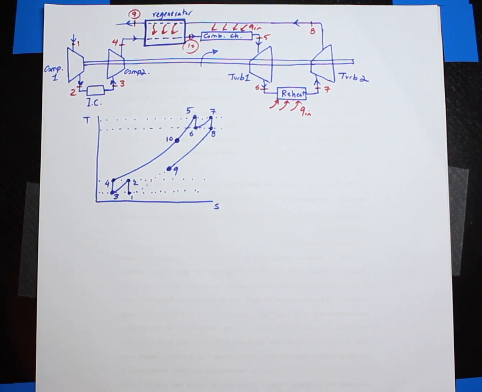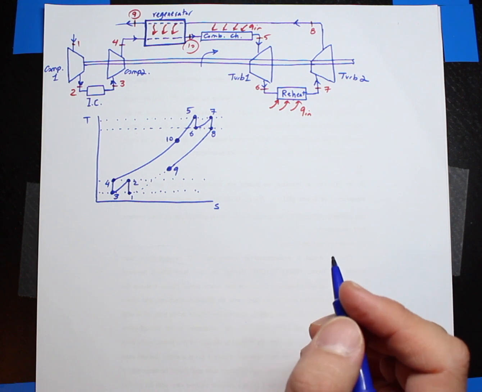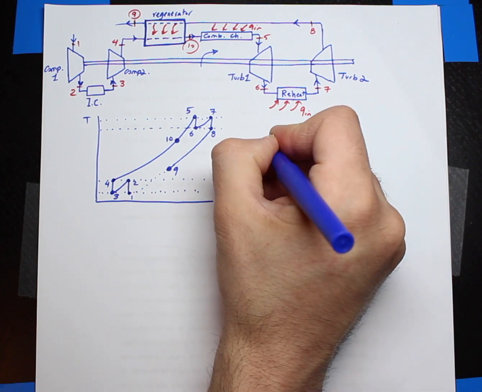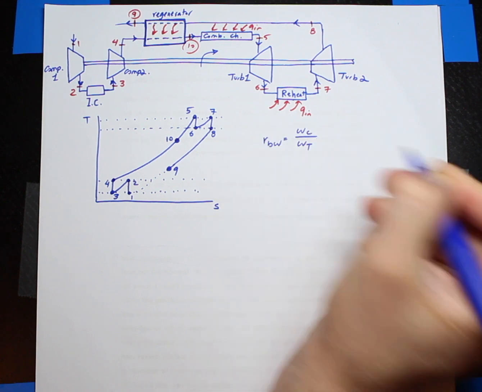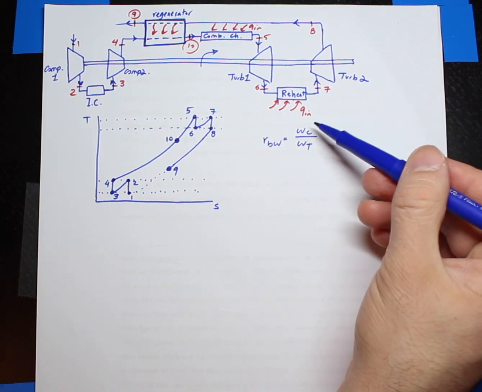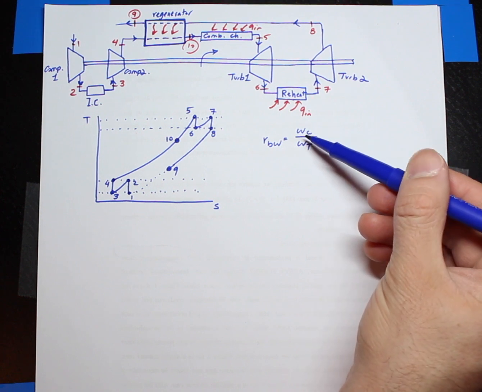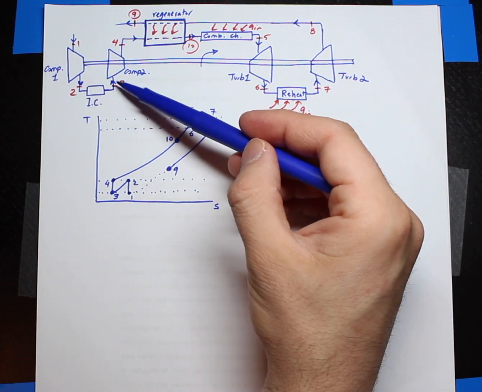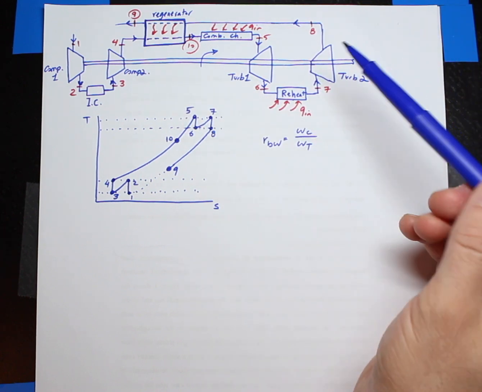But what I would need to be able to solve this problem is the enthalpy value at point 10. This is the reason. So the back work ratio is the compressor work to the turbine work. All right. The compressor work doesn't really change. Likewise, the turbine work doesn't really change because H1 and H2, H3 and H4 are the same. So because of that, the compressor work is the same.